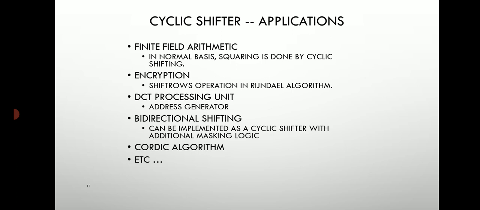It produces good multiplication and inversion algorithms to realize VLSI chips and to develop new multiplication algorithms. It computes the inverse elements in a regular, simple, expansible way, and it also contains bidirectional shifting. It can be implemented as a cyclic shifter with additional masking logic, both right as well as left.